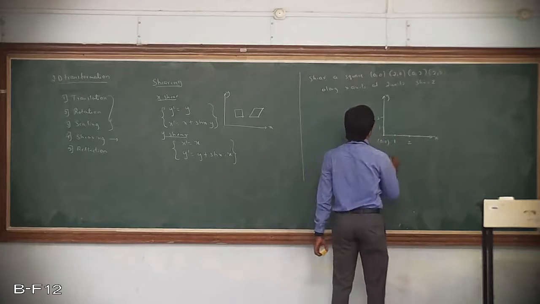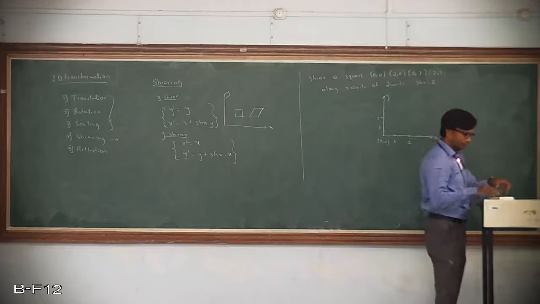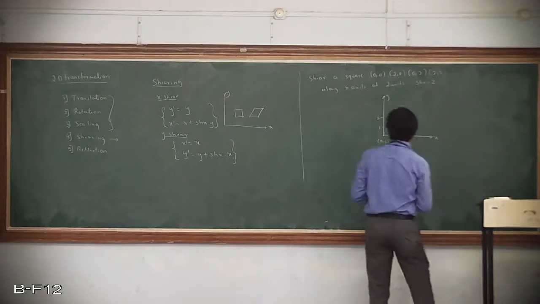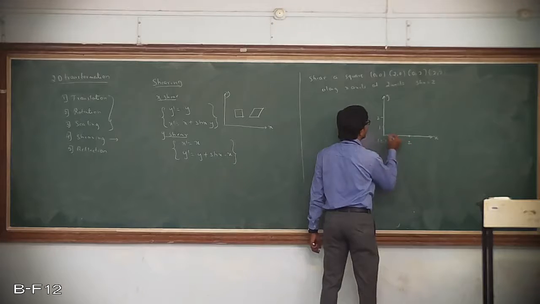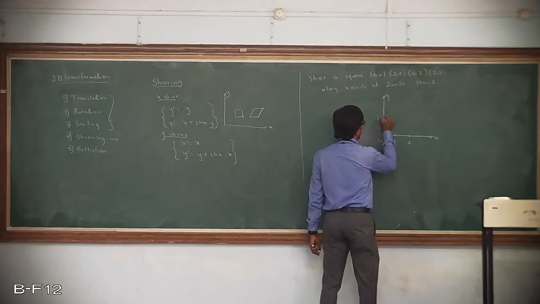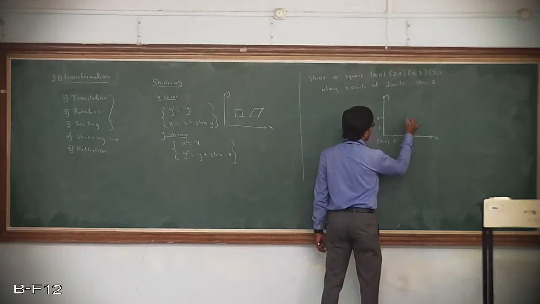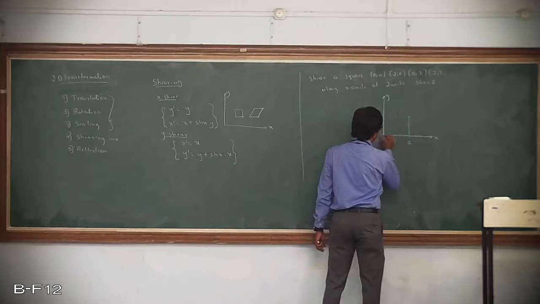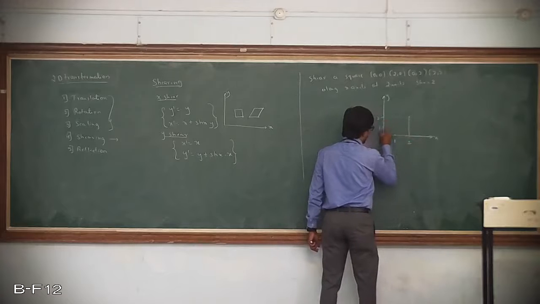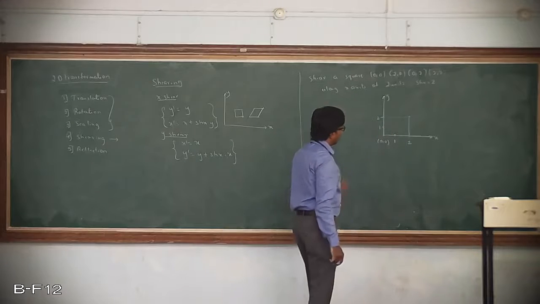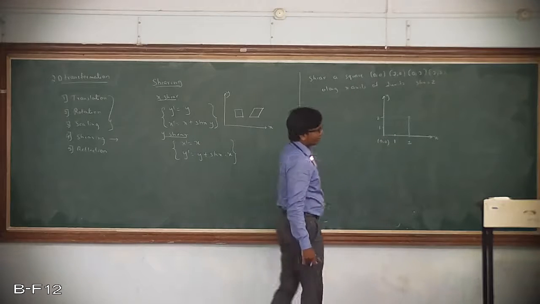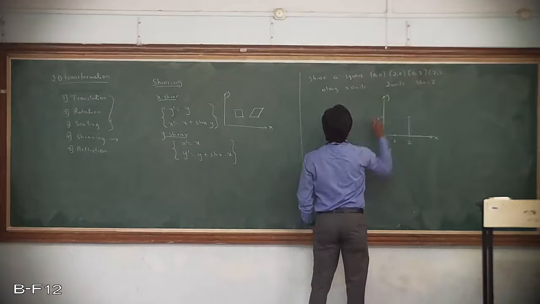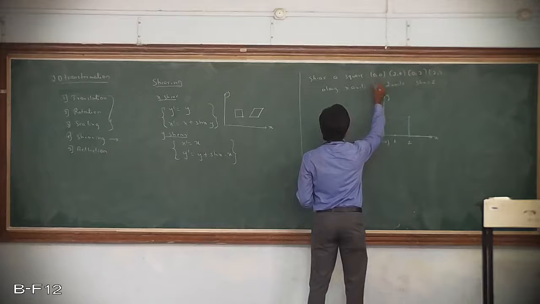So if I plot it, this is 0, 0, this is 2, 0, 0, 2, and this is 2, 2. So this is a square object. I need to shear it along the x-axis, that is shx, by 2 units.